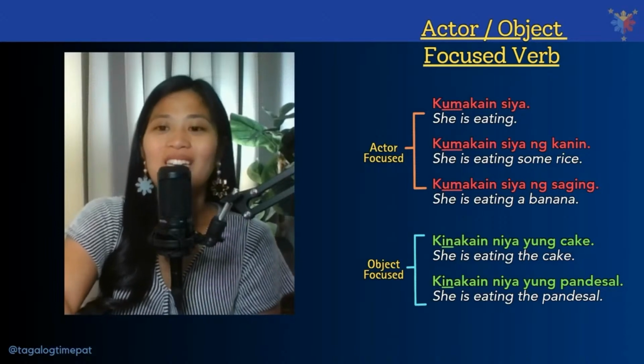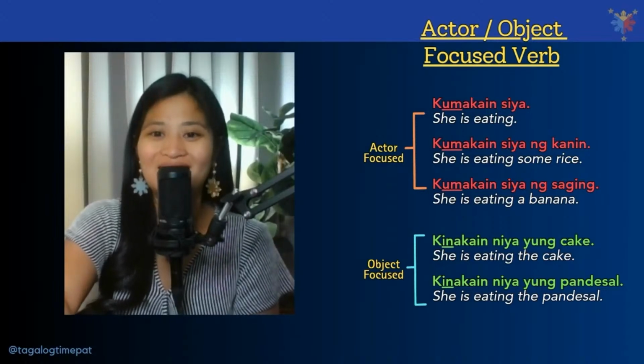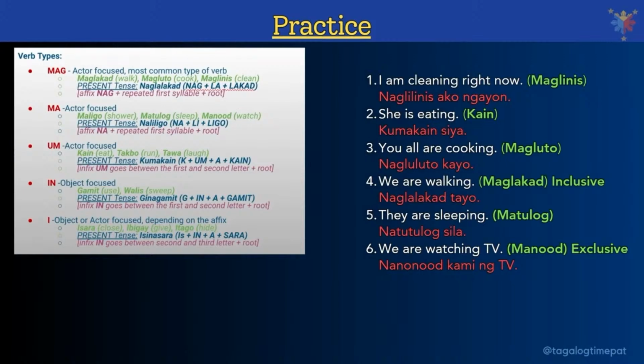So I think that's very interesting how the verbs can take on a different kind of focus depending on the context of your sentence. All right, so let's go back to the examples we just did. If you look closely, you'll notice that all of these examples are mag, ma, or verbs. That is because they are all actor-focused, meaning you can use a subject pronoun like we were using.